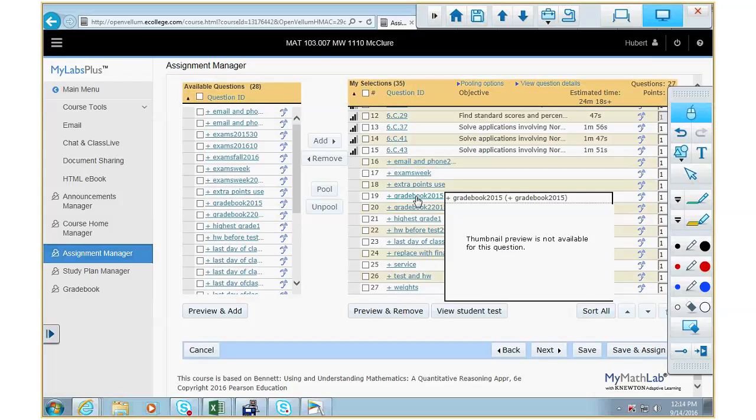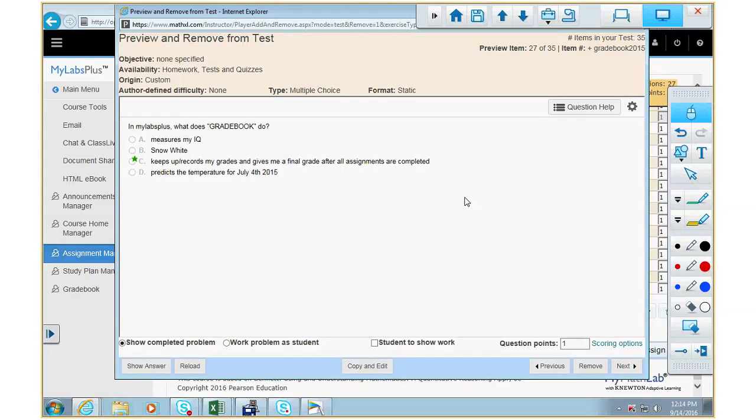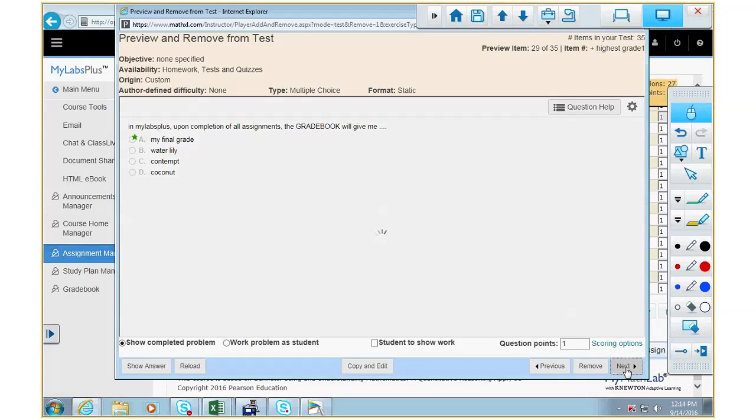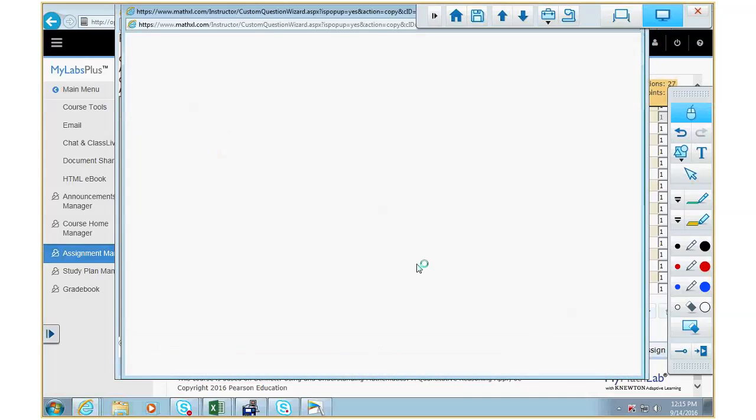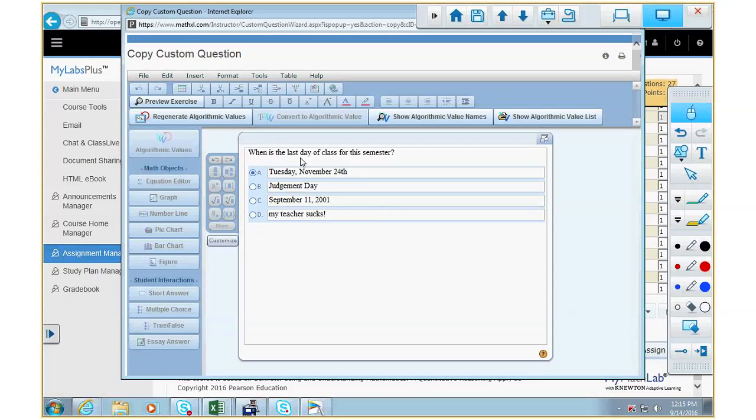Let's see, grade book. Make sure that one's okay. Yep, that one's okay. That one's okay. That one's okay. I got to change the dates on some of them. When's the last day of class? 28th or 29th?